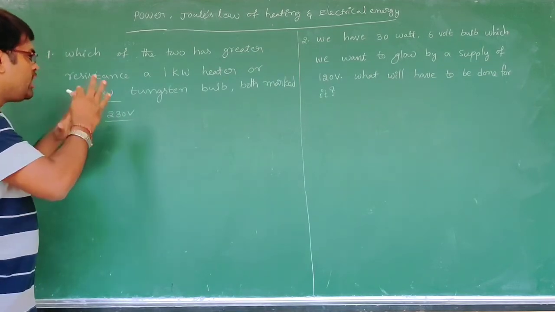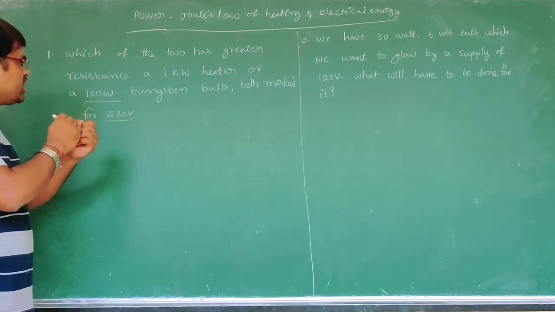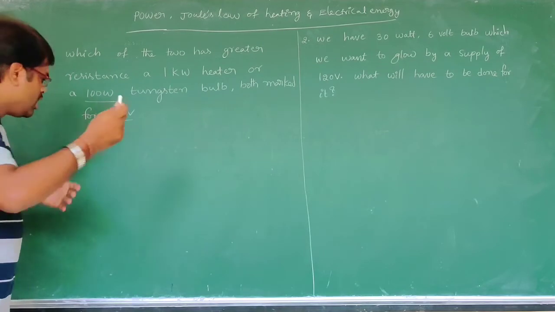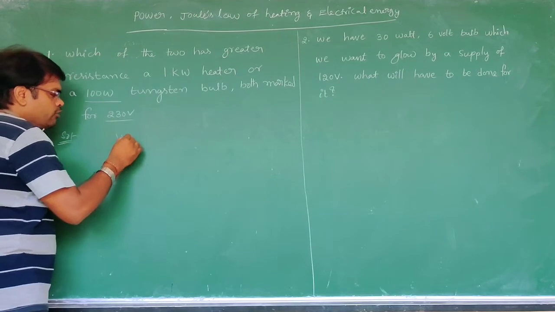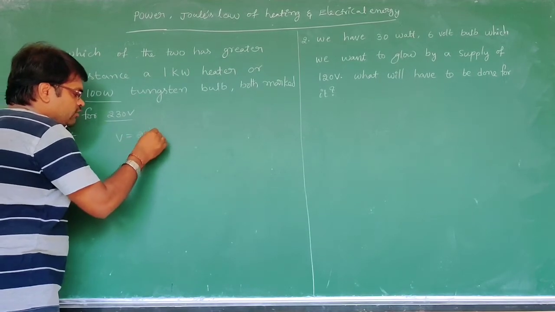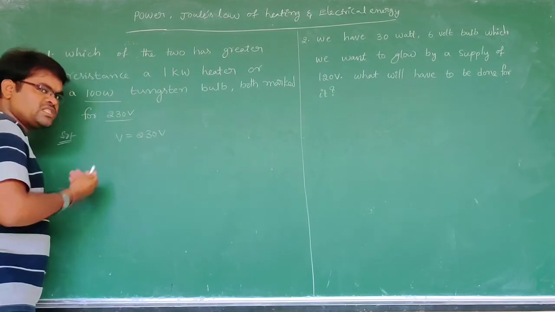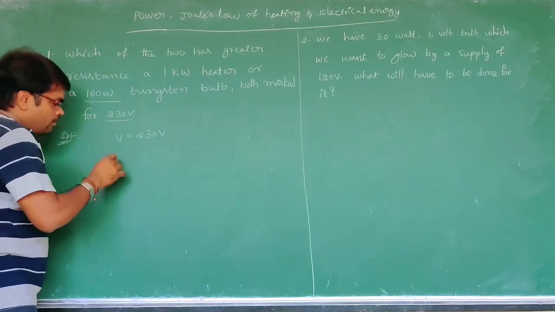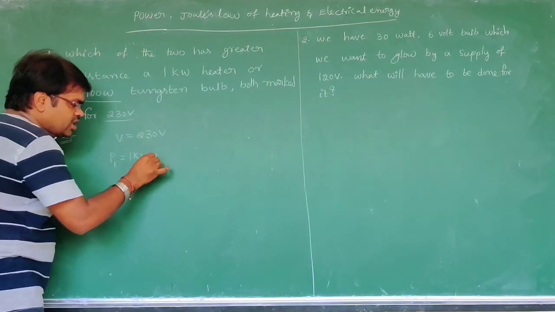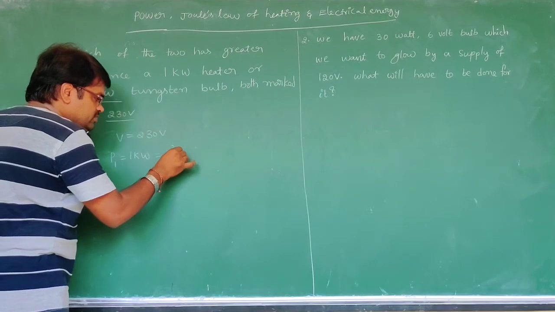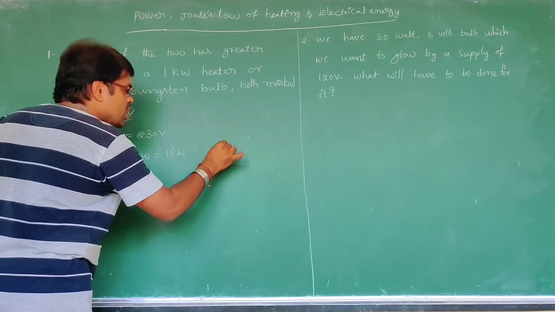The voltage of both is given as 230 volts, and the power is given. V is 230 volt, the specified voltage. Power P1 is 1 kilowatt, that is 10 cubed watt, and the second one, P2, is equal to 100 watt.